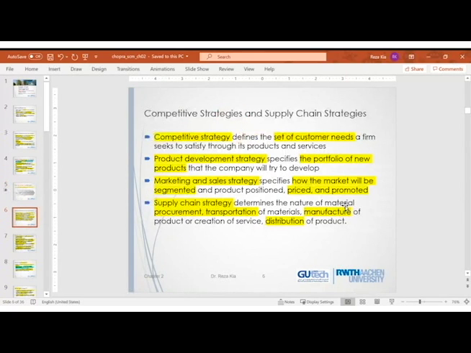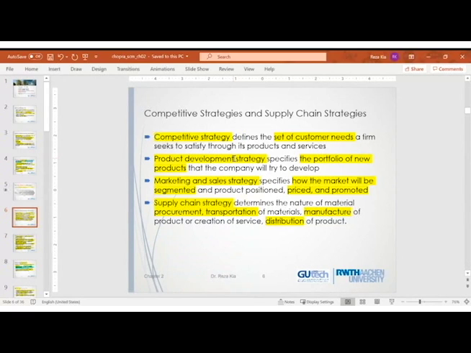In product development strategy, you specify which kind of product we are going to develop and generate. Regarding the title, it's clear: you design a valuable product, and you will try to sell it to the customer.